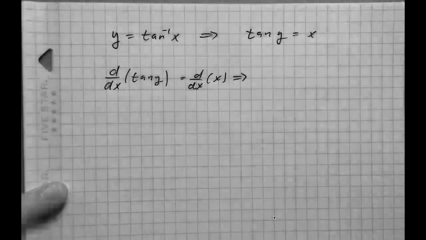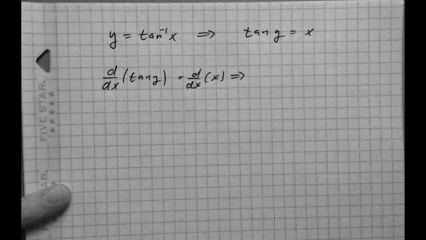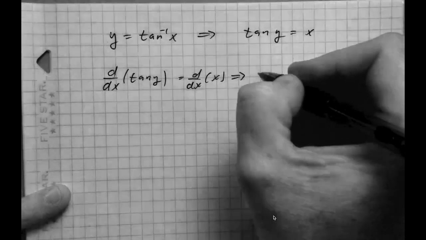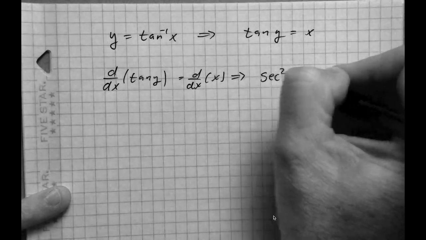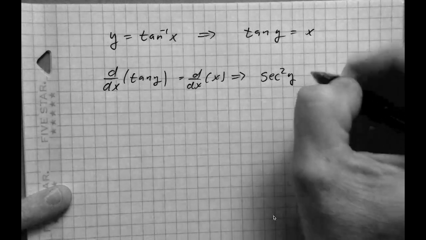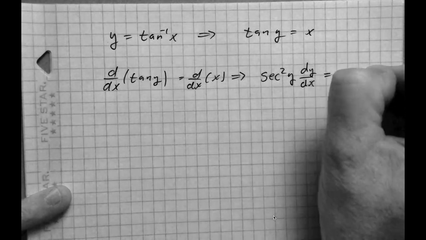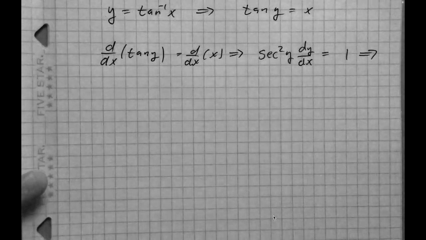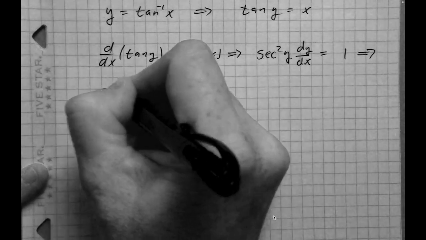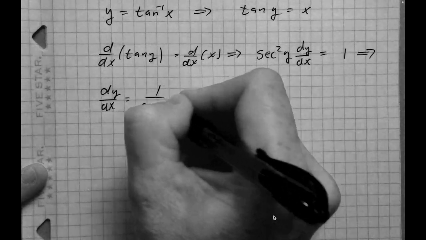And the derivative of tangent, do we remember that? Maybe it's secant squared, right? So it'd be secant squared y. That's the derivative of tangent. And then, of course, dy dx, the chain rule, equals 1. And we can do a similar exercise here where dy dx is equal to 1 over secant squared y.